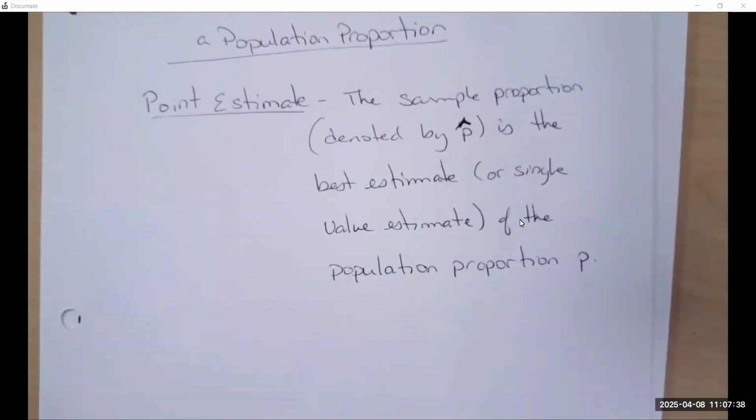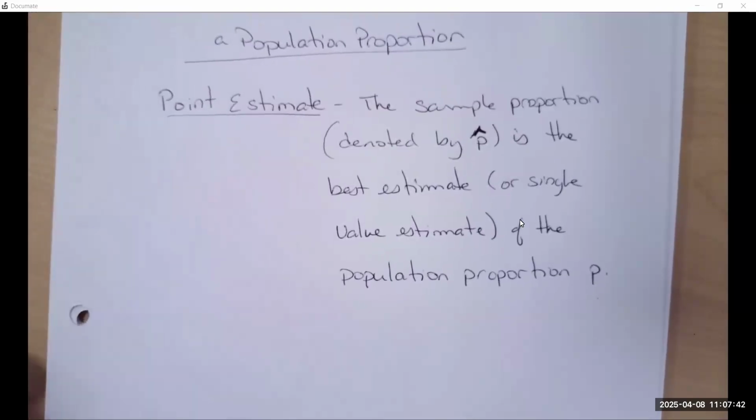So again, that's the point estimate. It's the best estimate that we have.